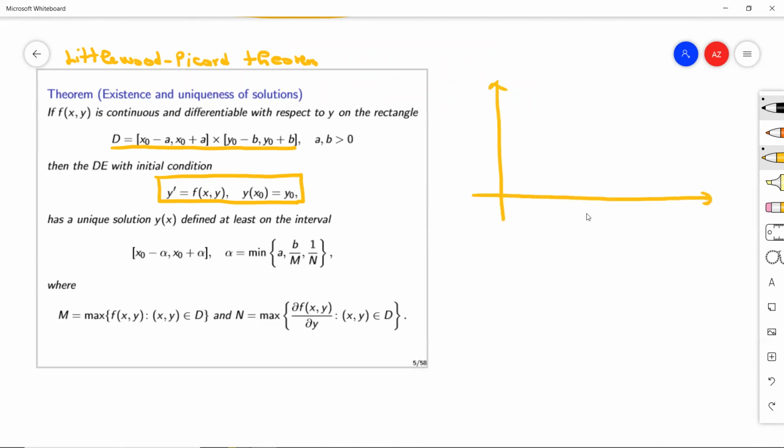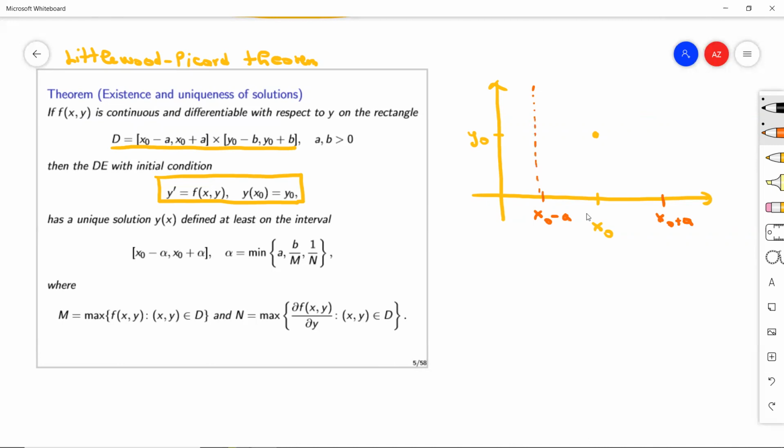So at x naught, the value is y naught. This is a point through which the solution should go. Then we move a in the x-axis to the left and to the right, so we have x naught minus a and x naught plus a.